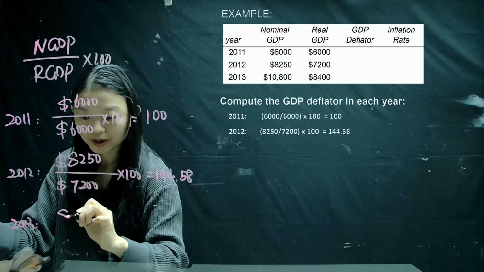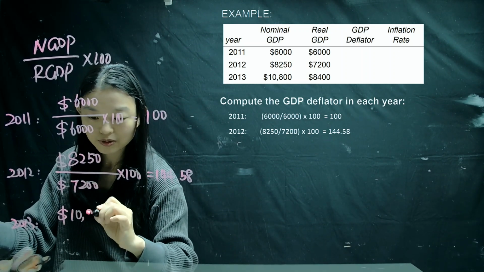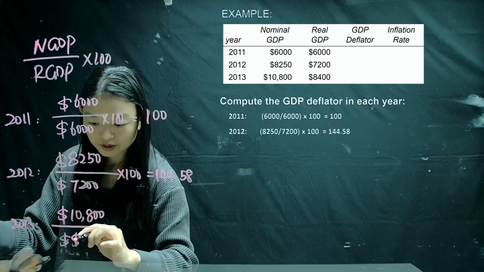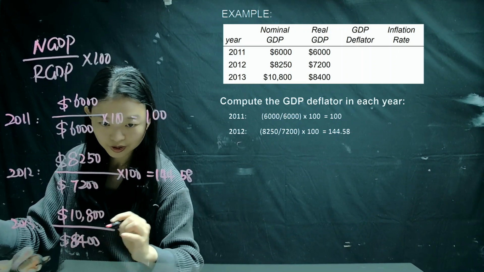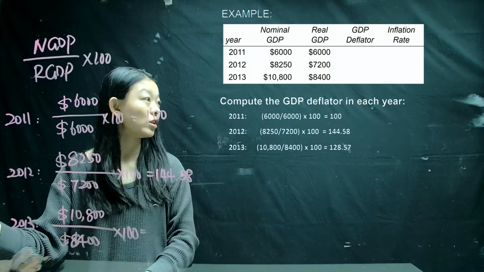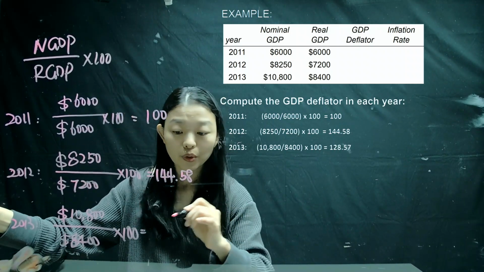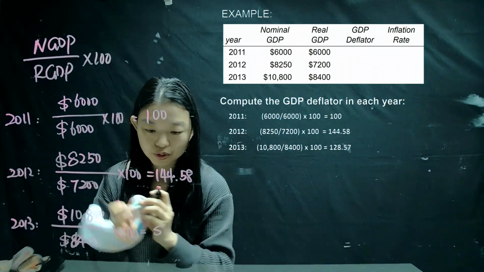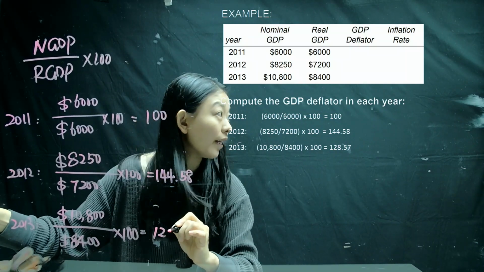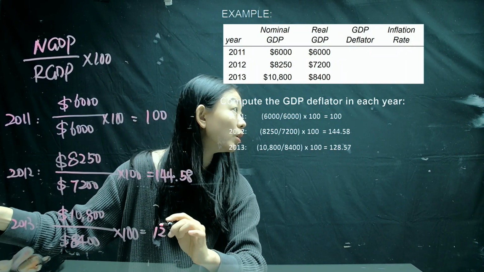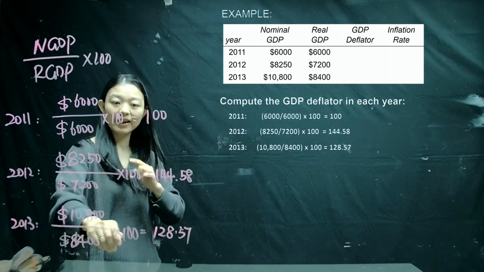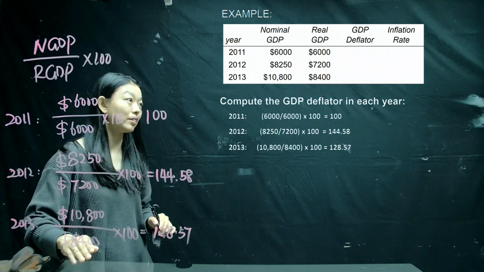All right. And then in 2013, similar, we will still use the nominal GDP, 10,800, divided by the real GDP, 8,400, times 100. So finally, the GDP deflator will equal 128.57. So here we can get a GDP deflator in each year.